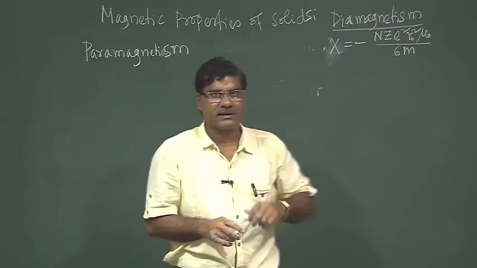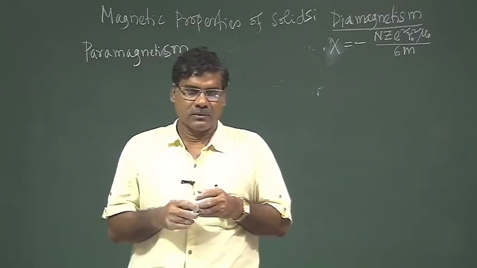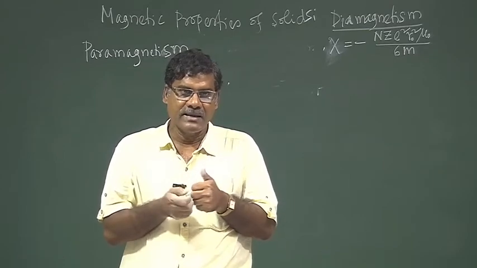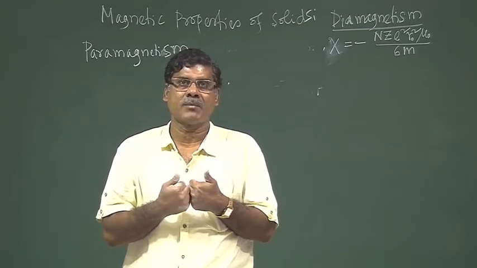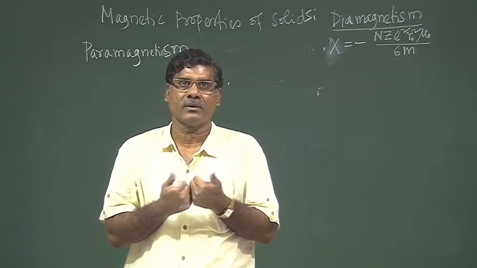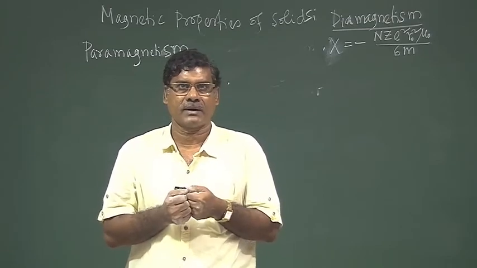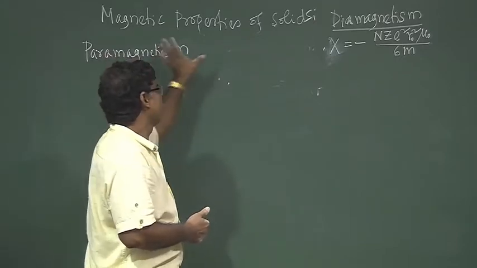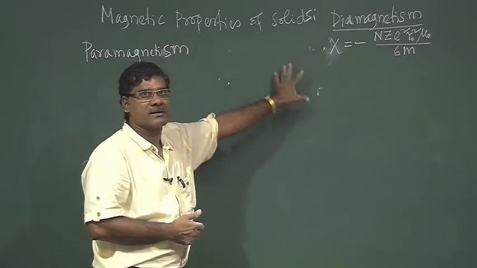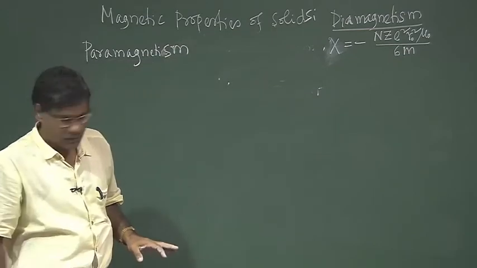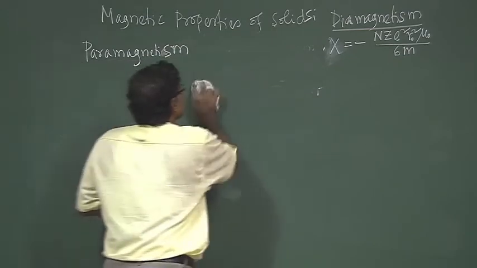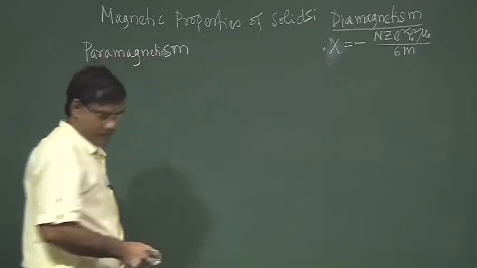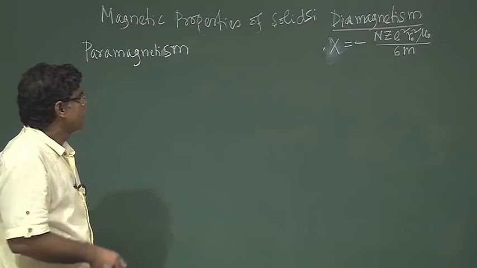Dipole moments are there, and depending on the orientation of these dipole moments in response to a magnetic field, with field or without field, paramagnetism, ferromagnetism, etc. come. So, let us concentrate on the paramagnetic property of solids.